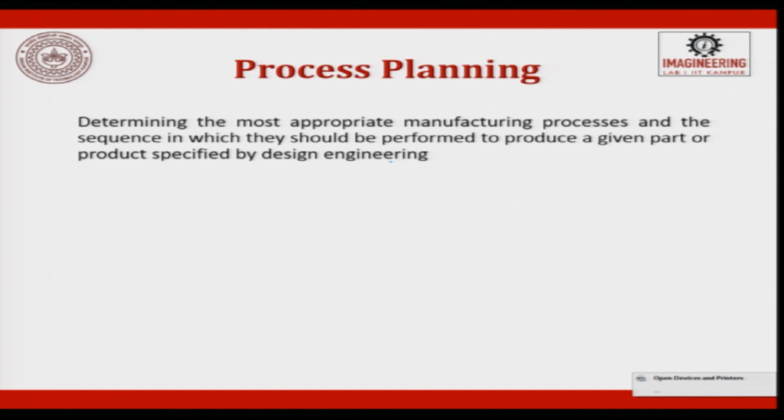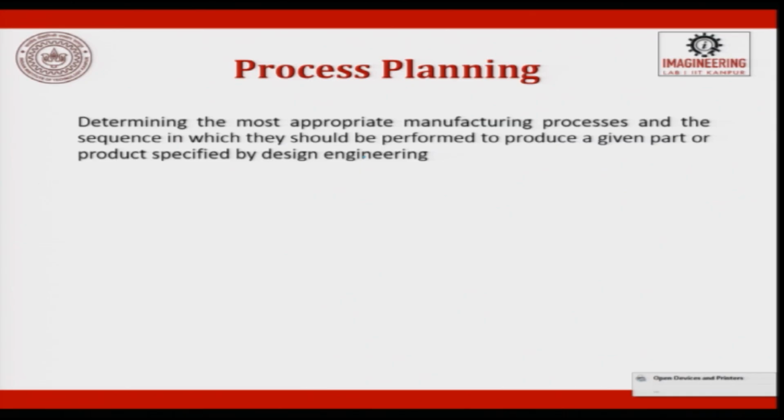You will not go back and reiterate the design engineer's drawing here. You will just listen to what the design engineer says. Based on the drawing, you will start looking for a process which will try to control the quality of the output.